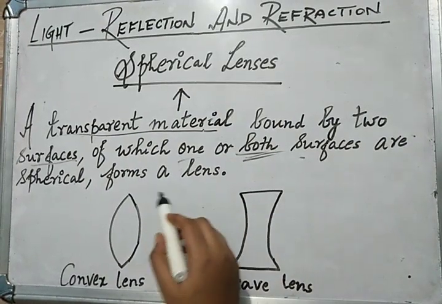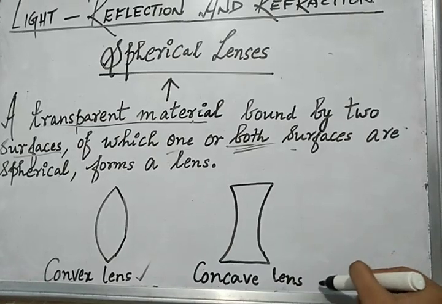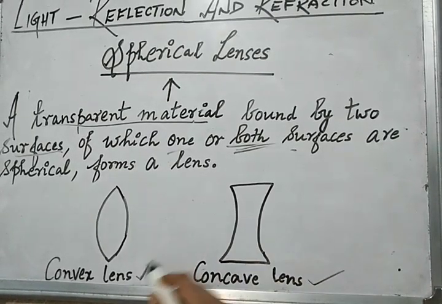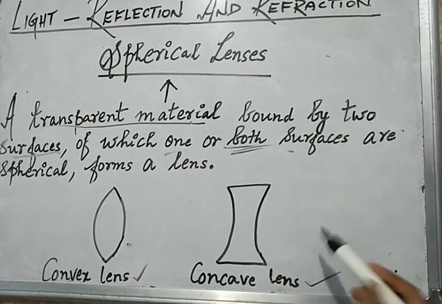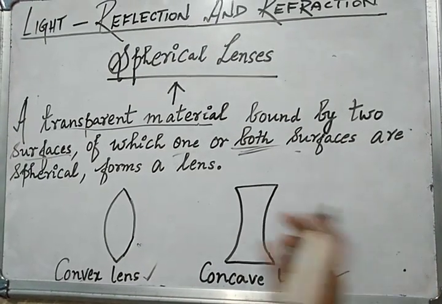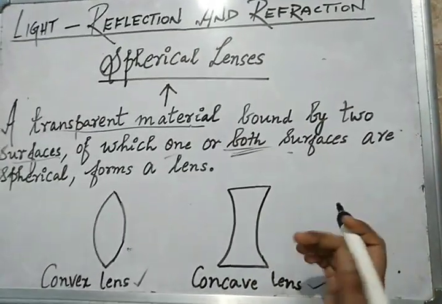Spherical lenses are of two types: convex lens and concave lens. Convex lens is a converging lens. Concave lens is a diverging lens. We will study these lenses in detail in further videos.